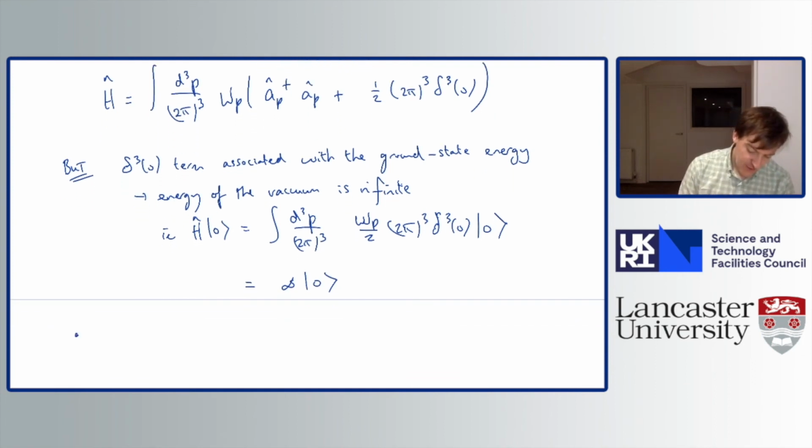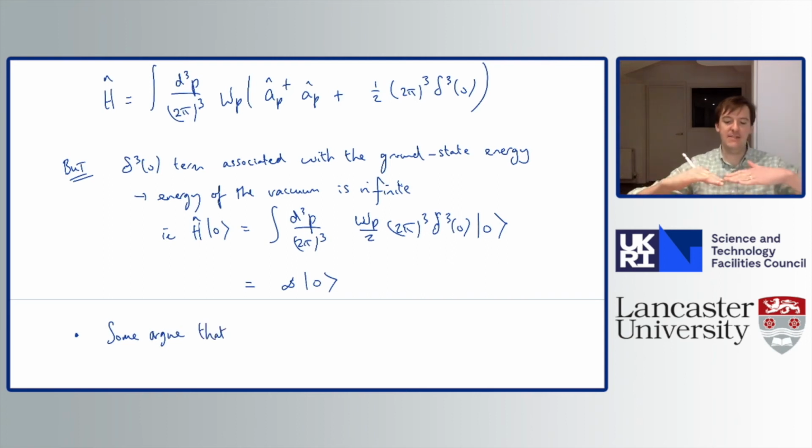There are different ways you can resolve this problem. There are different ways that people argue it. Some people argue along the following lines. They argue that it's fine to have this base level of energies, which is infinite, because the only thing that's relevant are energy differences.